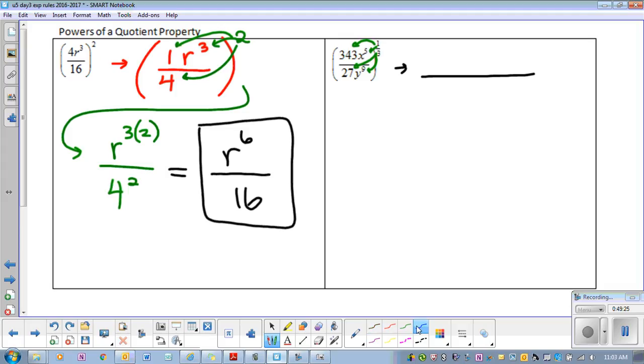With regular numbers, you need to put it in the calculator and see if it simplifies, right? 343 to the 1/3 power. Guys, what does that give you?